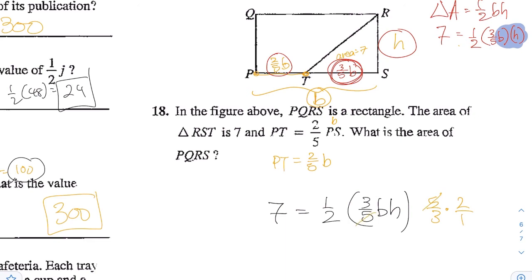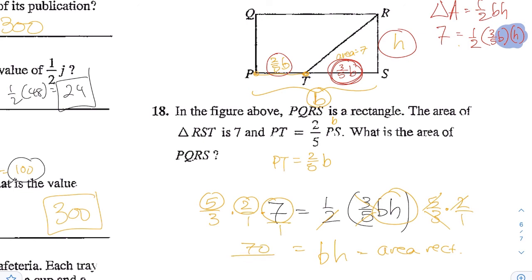The 5 cancels out with the 5, the 2 cancels out with the 2, and the 3 cancels out with the 3. But you also have to do that to the other side. So on the right side, we are just left with B times H, which is the area of the rectangle, which is what we want. And that's going to be equal to 5 times 2 times 7, or 70, remember the 7 is 7/1, divided by 3 times 1 times 1, or just 3. So the answer is 70/3.